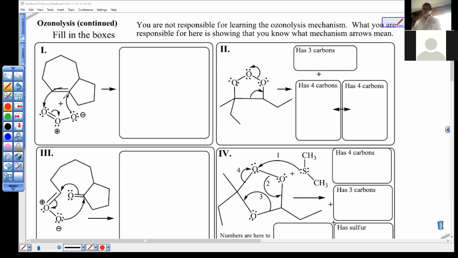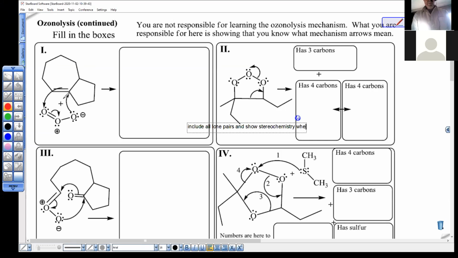And on the exam, it's going to say include all lone pairs. So I'm going to type that in here. Include all lone pairs and show stereochemistry where appropriate.